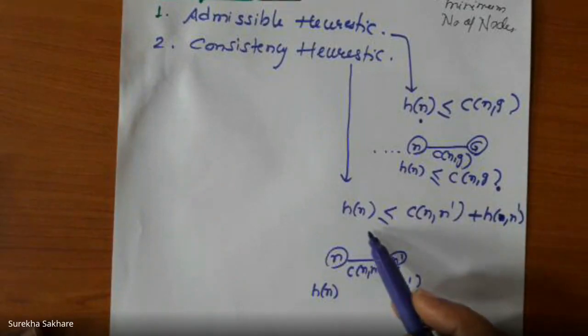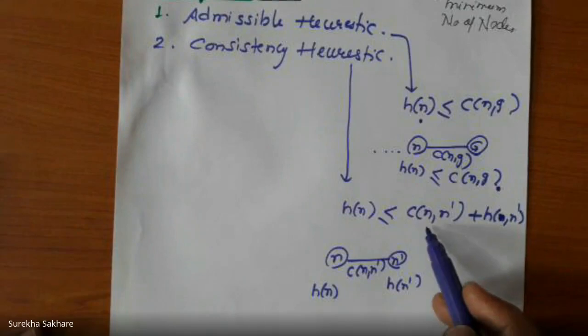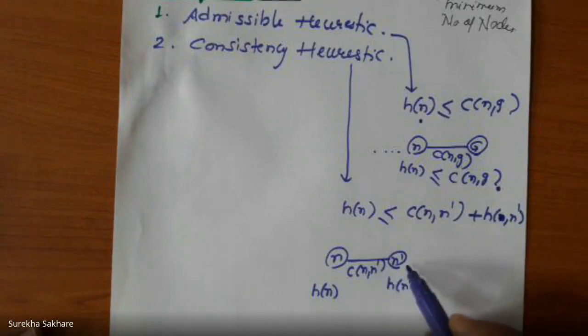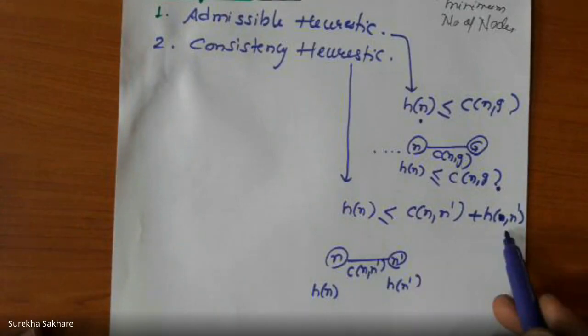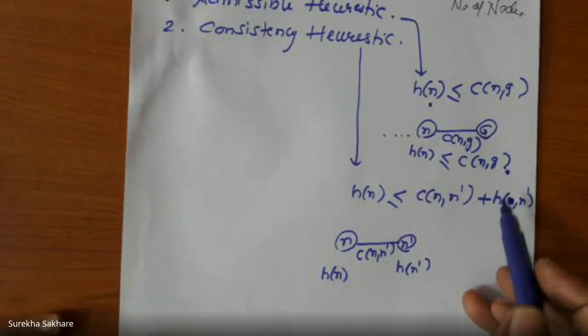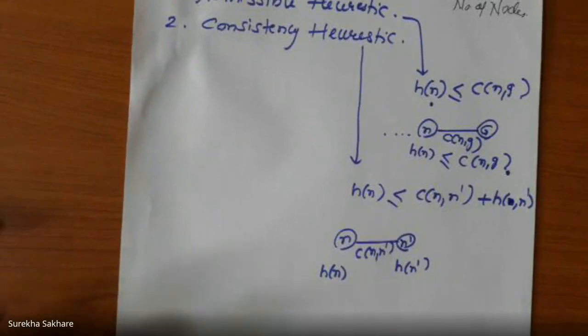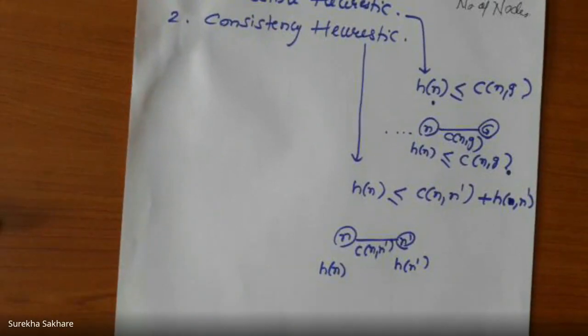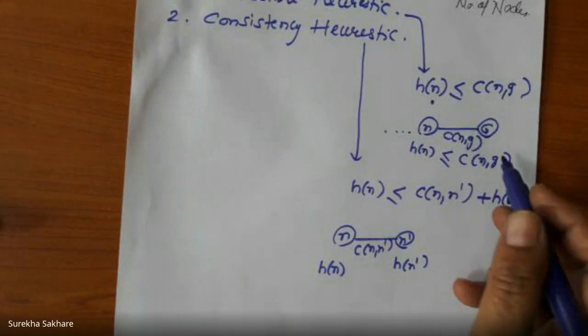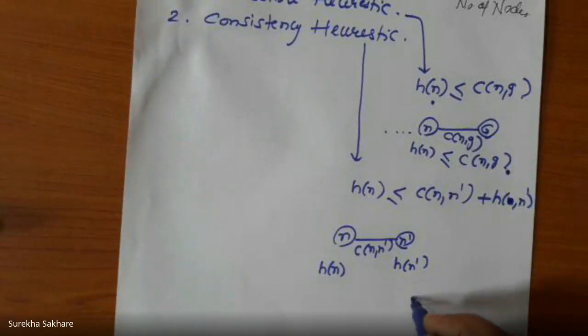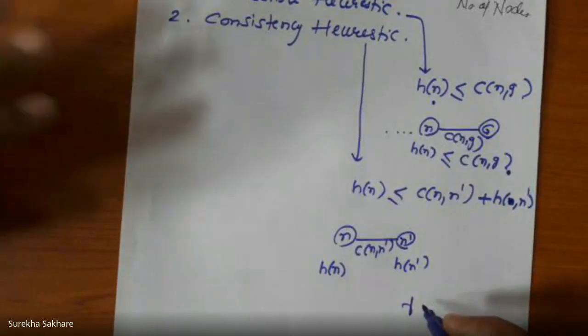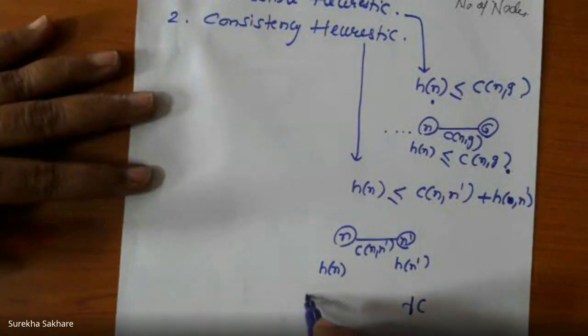That means, in other words, we can understand that if this is f of s_i state, and this is f of s_i plus 1 state, these are the values of these nodes.